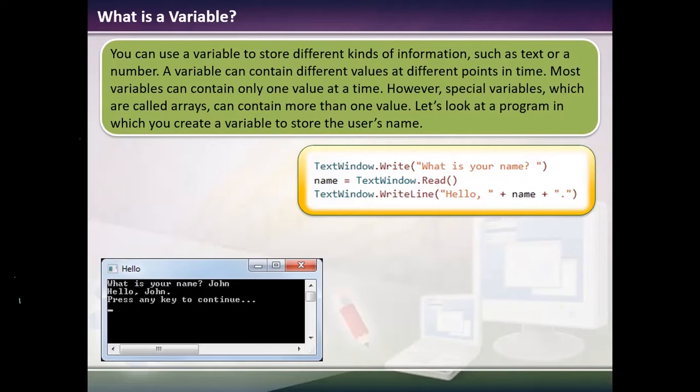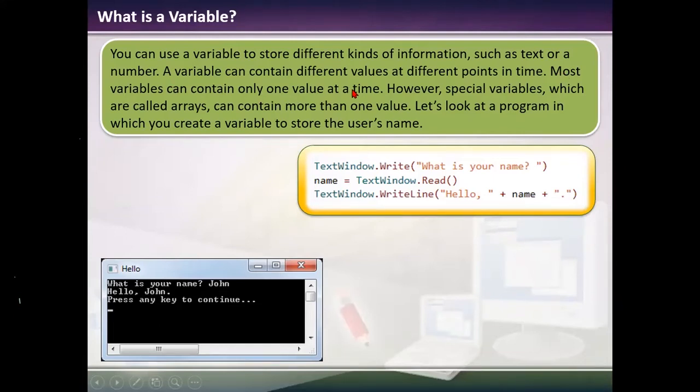The name of the variable is x. x can hold 5 at a time, x can hold 10 at a time. Initially it can store number 5, and after some time by replacing 5 it can store 10. Okay, so most variables can contain only one value at a time.